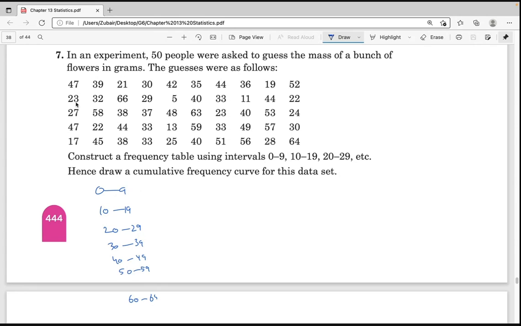So from 0 to 9, I can see only one single digit, and tally. Then 10 to 19. I'm moving vertically. This is one, two, three, four. Then we'll write frequency. 20 to 29.